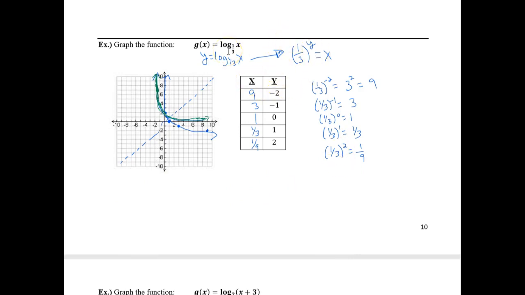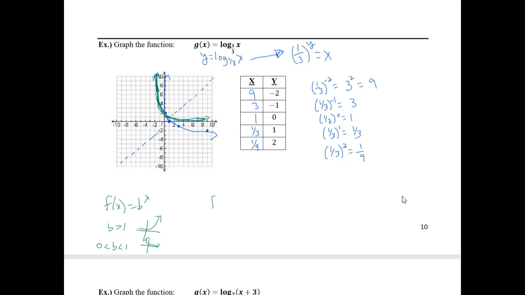So logs and exponential functions are inverses of each other. In general, if we have an exponential function where the base is bigger than 1, it'll be going up from left to right, like that. If it is a fraction, so it's between 0 and 1, it'll be coming down from left to right.